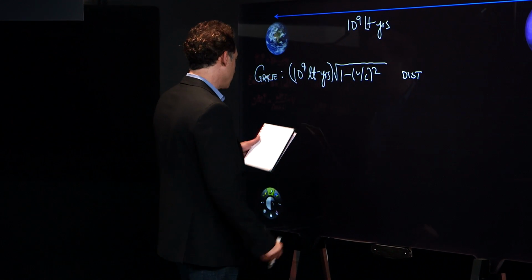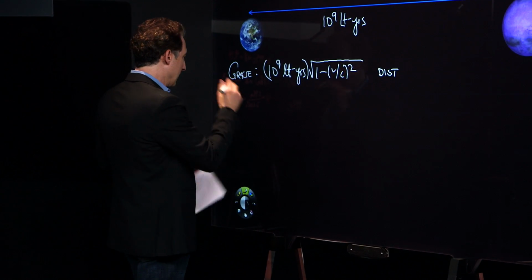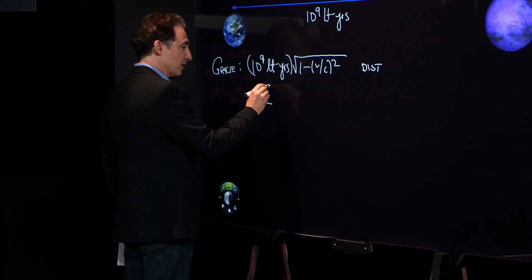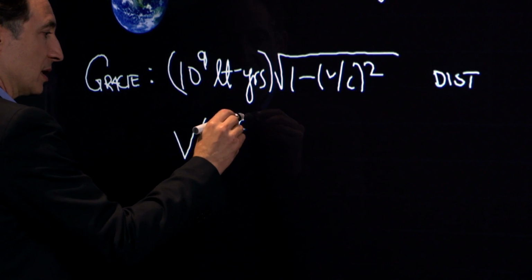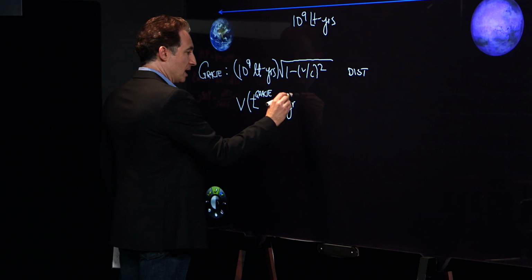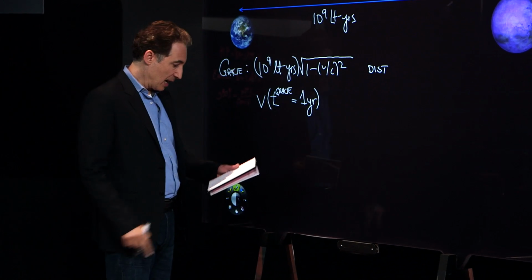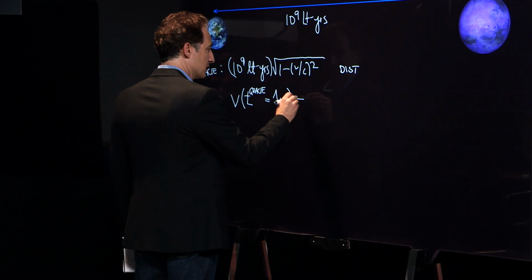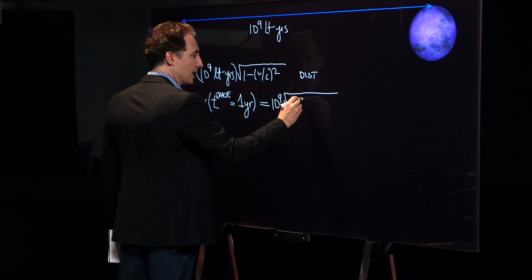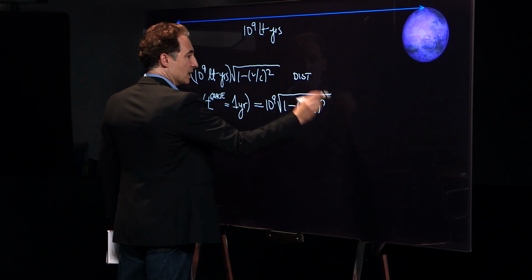So what does that mean? Well, if we look at the velocity of Gracie times the time for Gracie, which I can just now hardwire in at 1 year, she wants velocity times time to cover that distance of 10 to the 9 times the square root of 1 minus v over c squared.